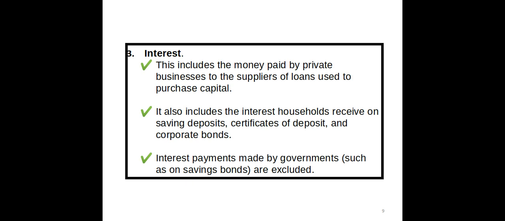Most businesses, when they purchase capital, use loans to do so, and that is the interest payments they're making on that. This is also the interest that households receive off of accounts that they have in the banks. Payments made by the government, what the government's paying you, are excluded. That is not counted as part of our income because really that's just a transfer of money from ourselves to ourselves, because the government's getting it from taxes.